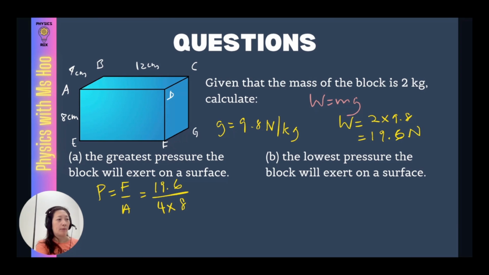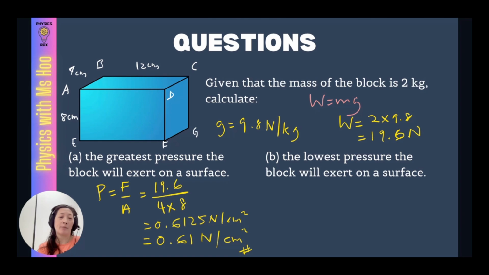So calculating this, we would get 0.6125 Newton per cm squared. Because the area here is in cm, we don't write it in Pascal, we write it over cm squared. And the final answer for IGCSE should always be written to 2 significant figures. So this would be 0.61 Newton per centimeter squared. So that's how we calculate the greatest pressure the block will exert on a surface.